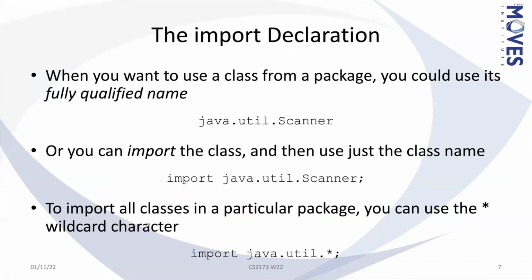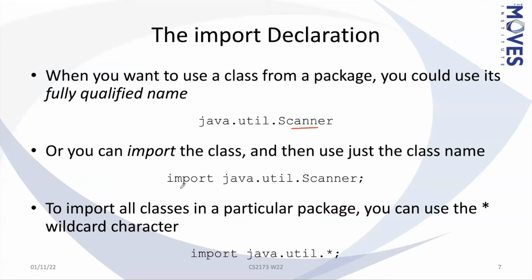Okay, so let's talk about import. In the last assignment, we used this Scanner class that was not in the standard Java library. Because it was not in the standard library, we needed to either import it or use its fully qualified name.